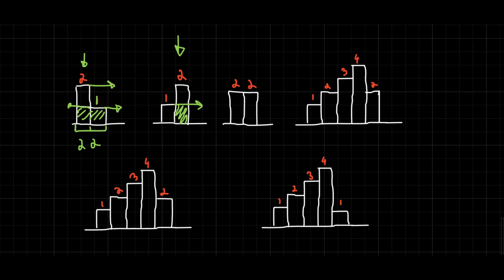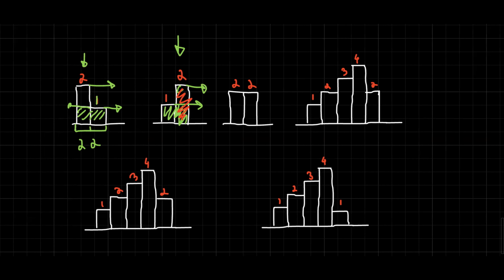And here we can also extend the bar of height 2 to the right side. Now the areas we can make are 2, which is this portion, and 2, which is this portion. So far so good.